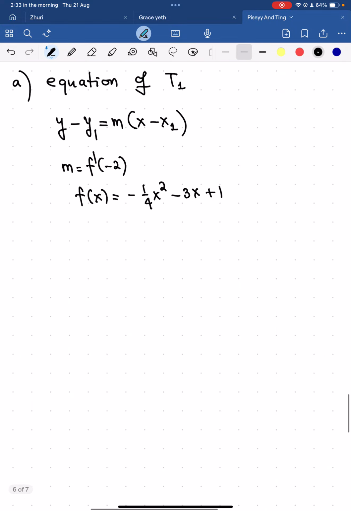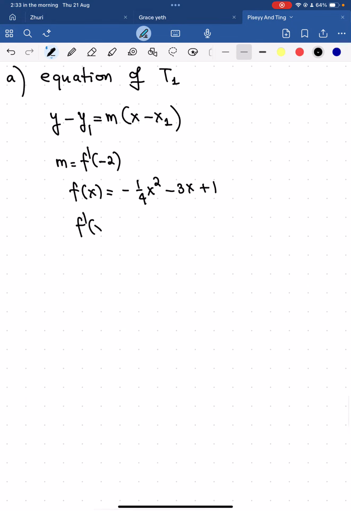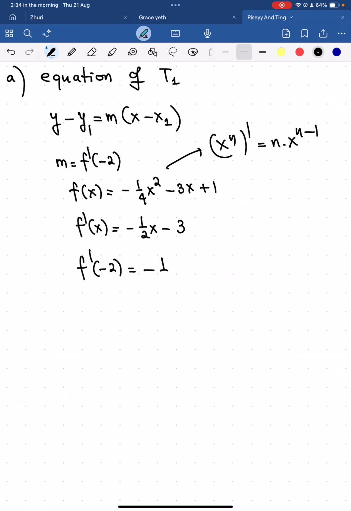So f prime of x is going to be -1/2 x minus 3. We can use the formula, the derivative of x^n equal to n x^(n-1). So f prime of -2 equal to -1/2 times -2 minus 3.